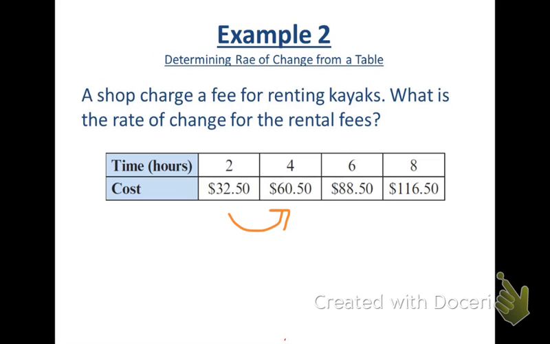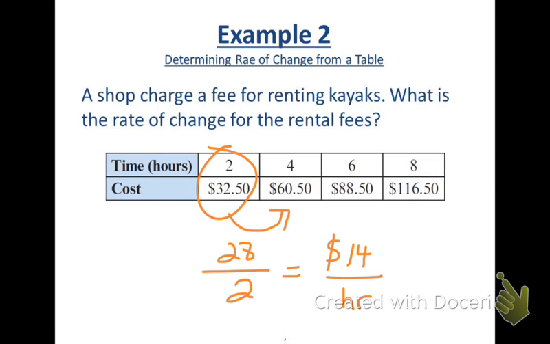All right, so 60.50 minus 32.50 is 28, right? How do you get that? 32.50 plus 28 is 60.50, or 60.50 minus 32.50 is equal to 28. And then the change in time there is 2 hours. So it looks like the shop charges $14 per hour.